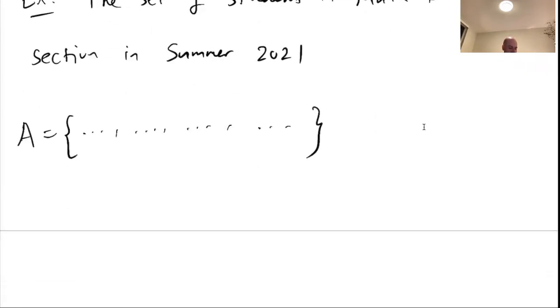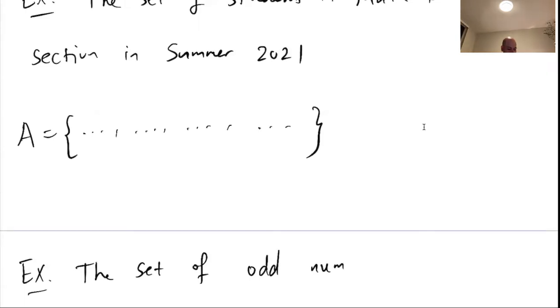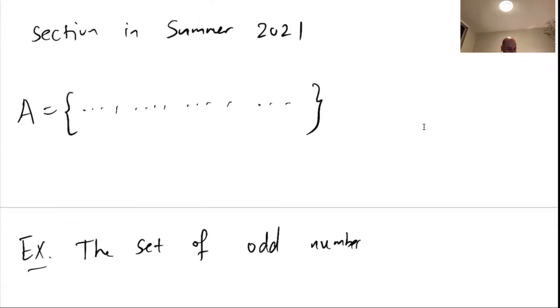Or for example, let's say the set of odd numbers which are positive and less than 10.